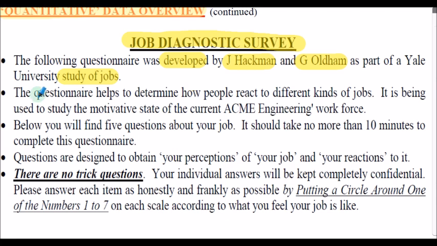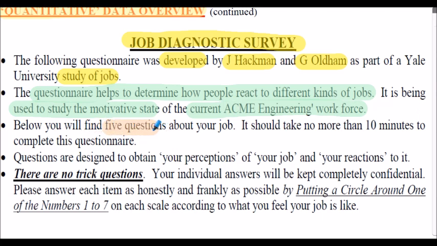So essentially the questionnaire helps determine how people react to different kinds of jobs, and in my research it was used to study the motivational state of the current workforce. The questionnaire essentially consisted of 5 questions that workers were asked to respond to related to their job.